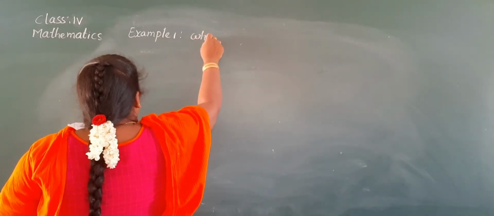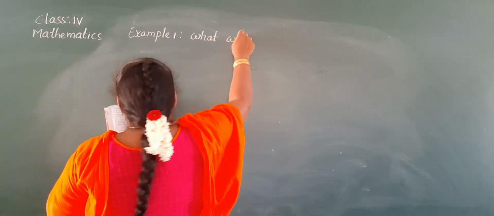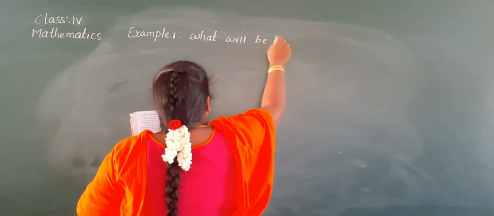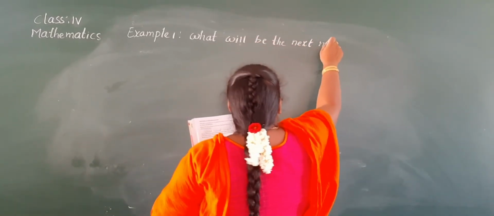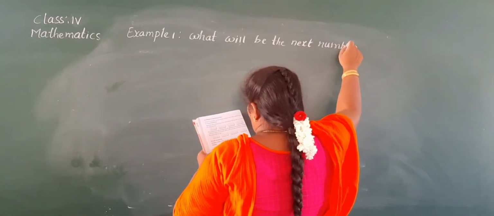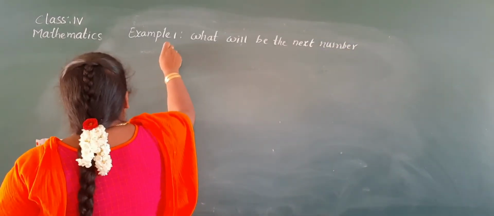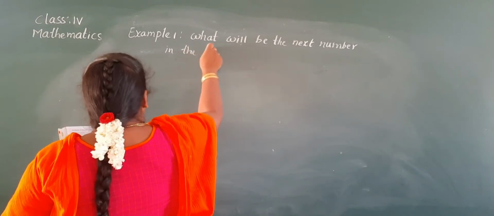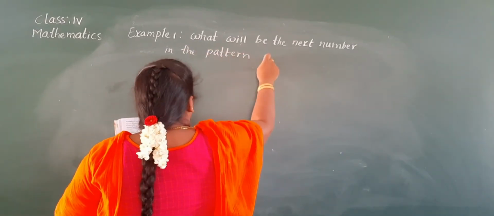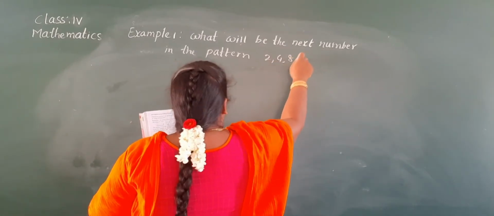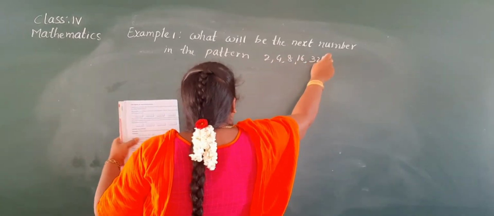What will be the next number in the pattern 2, 4, 8, 16, 32.